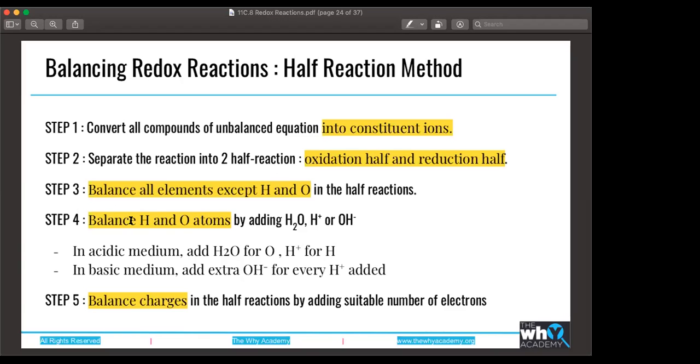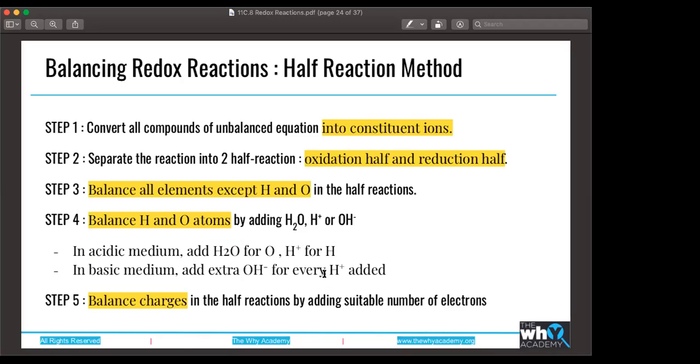Then balance hydrogen and oxygen atoms by adding water, H plus or OH minus. Now this depends on your medium. If you're doing it in acidic medium, you balance out the oxygens by adding water molecules and hydrogens by adding H plus. And if the reaction is in basic medium, then you add an extra OH minus for every H plus that is added.